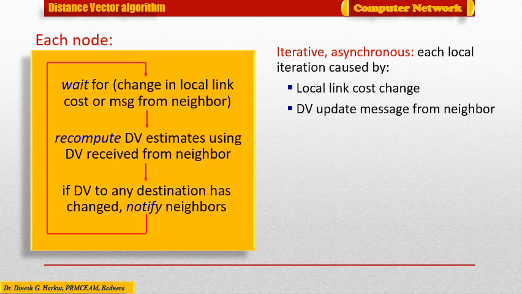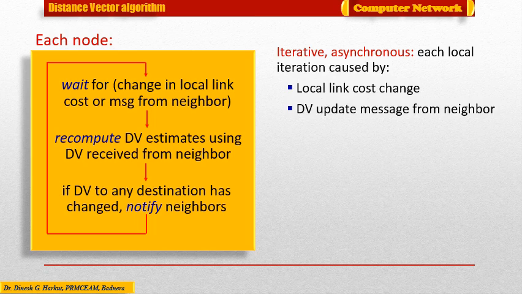The distance vector algorithm is iterative in the sense that each new iteration of computing a new distance vector is triggered by either a local link cost change or a distance vector update message from neighbors. The distance vector algorithm is asynchronous, meaning distance vector recomputing and updates neither occur simultaneously across all the nodes nor are controlled by any centralized mechanism.